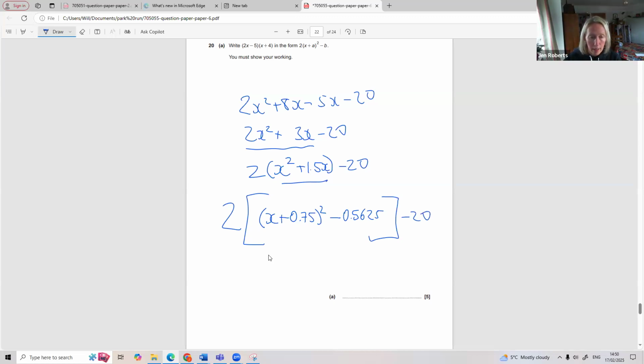I'm going to then expand my brackets, multiply this by 2 times this, minus 0.5625 times 2. And then minus 20.